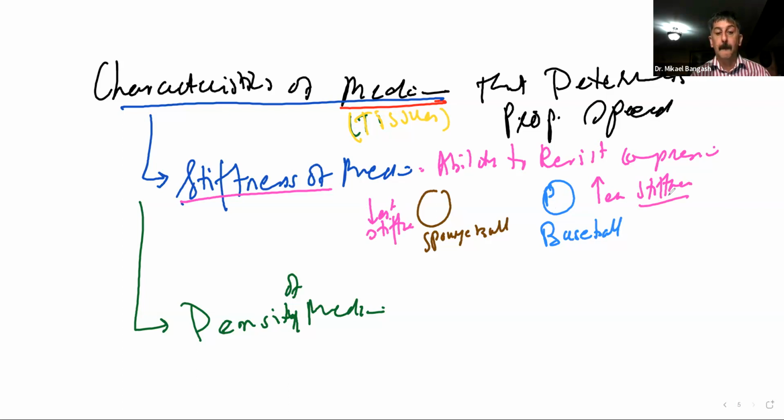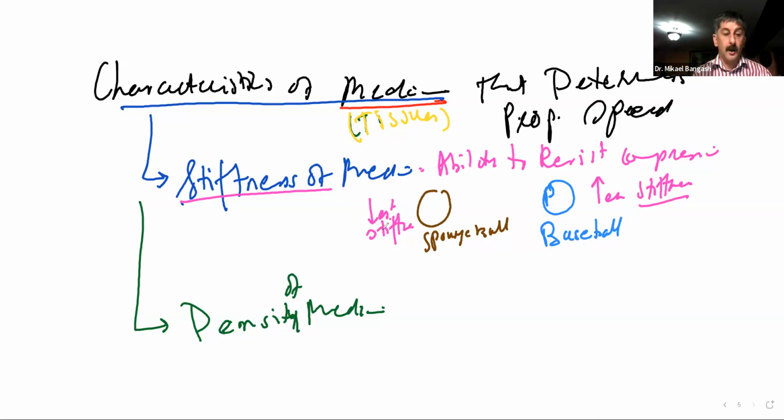Whereas a sponge ball, made of sponge or foam, is easy to compress because it has a lower stiffness. Clear?